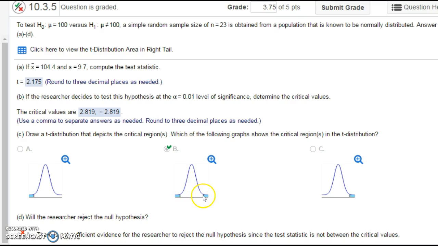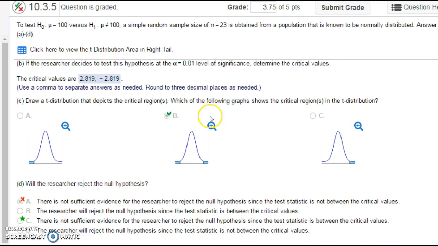Maybe it's way farther to the right, and that's why you get a sample that's way farther to the right. So that's why we reject the null hypothesis when we're out here in the tails. But from what you got, this test statistic is in between. It's in that white part close to the mean, so there's not sufficient evidence to reject it. Since the test statistic is between the critical values there, close to the mean, we do not reject the null hypothesis.